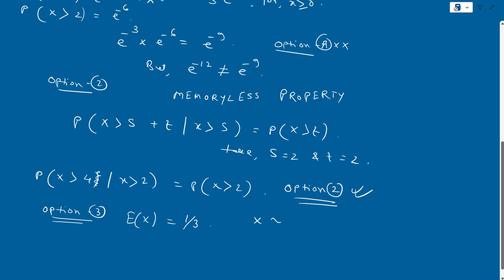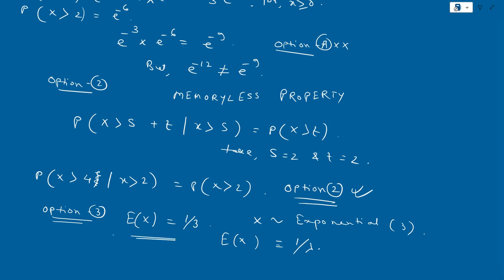Since the mean of the exponential distribution is 1 by lambda, E of X is 1 by 3. Therefore, option 3 is also true. Higher the failure rate, smaller the average lifetime, exactly like the mobile battery during the online examination.